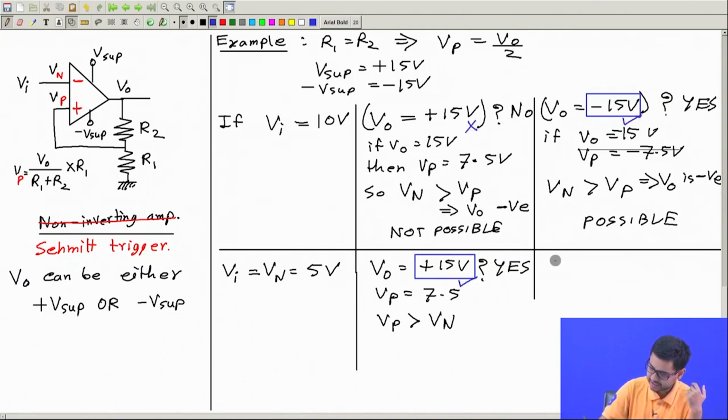Now let's check, is it possible that Vo is equal to minus 15 volt? Is it possible? Okay, let's check.